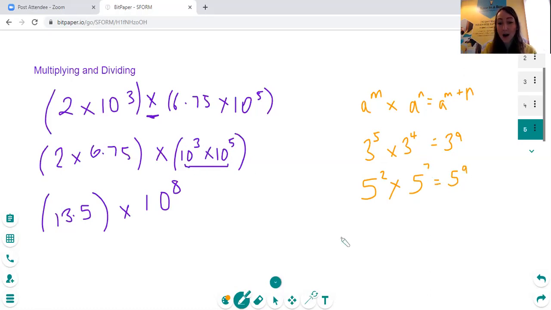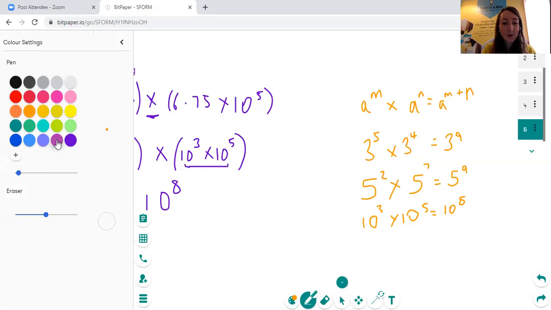So going back to our example here, where we had 10 to the power of 3 times 10 to the power of 5, that equals 10 to the power of 8, because 5 plus 3 gives us 8.